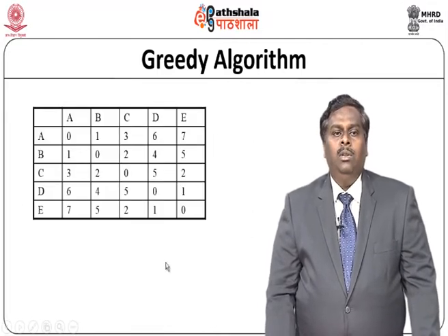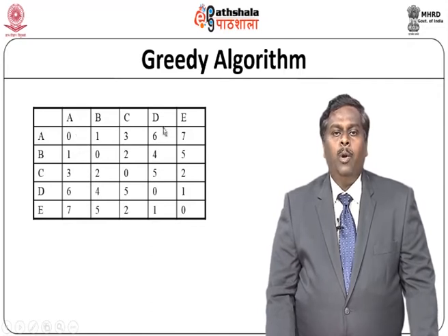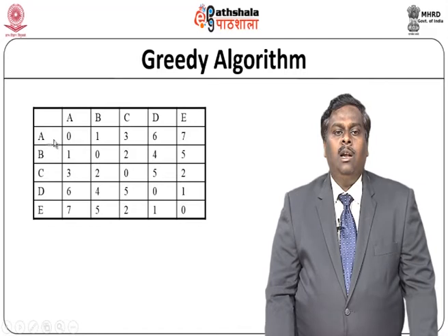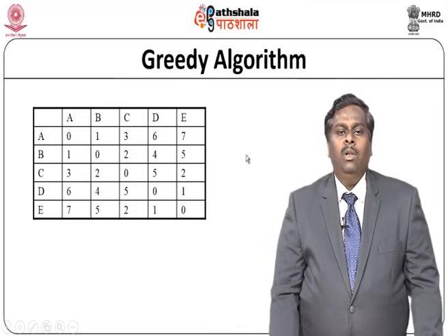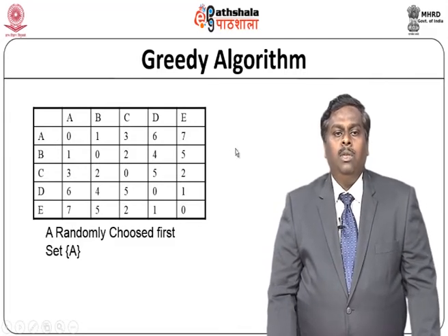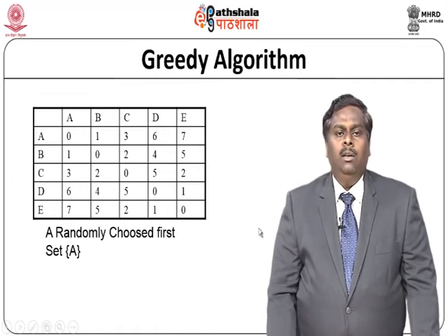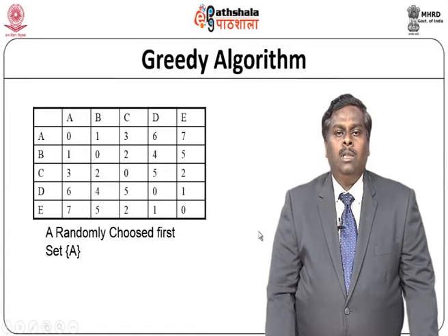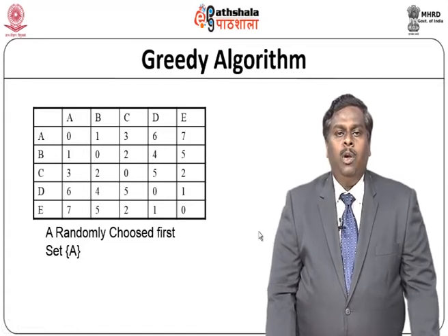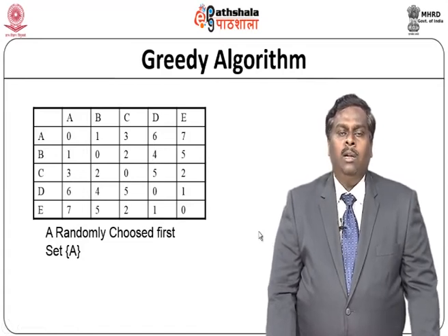For example, if there are 5 data points represented as A, B, C, D and E, the matrix given here highlights the distances of these data points from each other. Now, I can randomly pick a point A. Then if this point is chosen as a medoid, the next point which I choose must be based on a greedy approach.